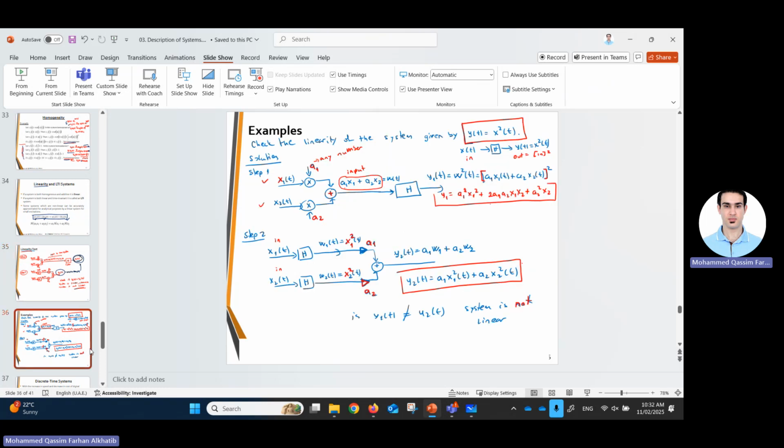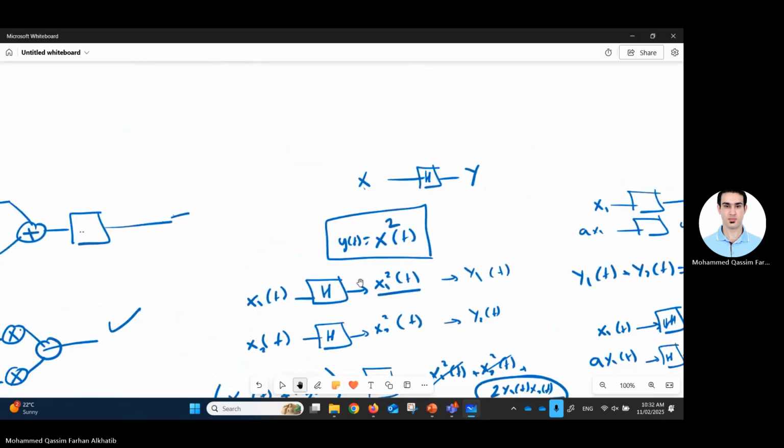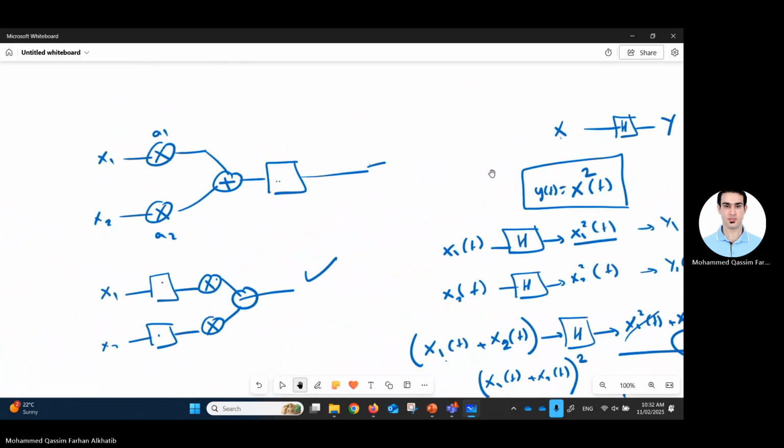An example there, that's the x square. If you want to apply both things to the x square, that's the block diagram I drew above. So I have y of t equals x squared of t. So let's apply this block first. So I have x1, in this case a1 x1, I have a2 x2.